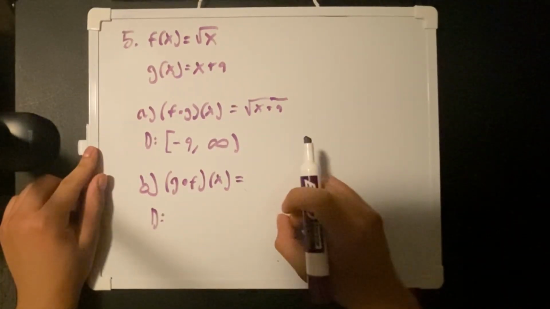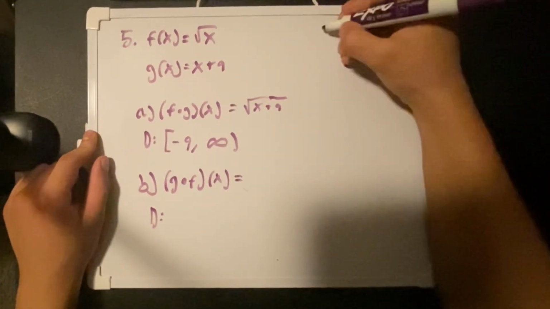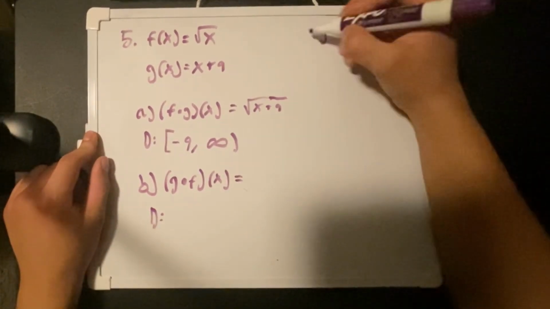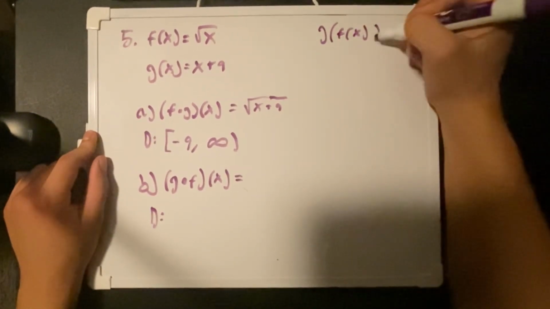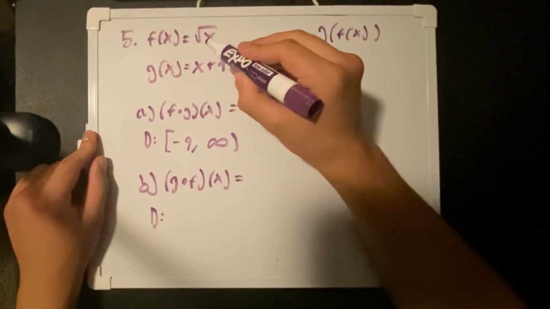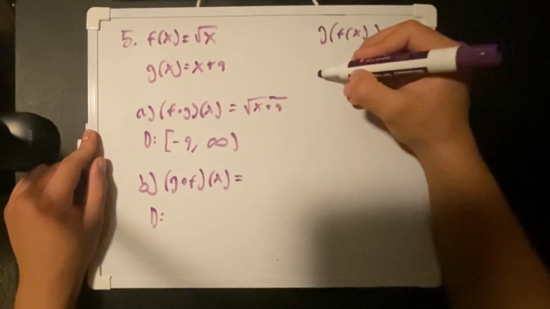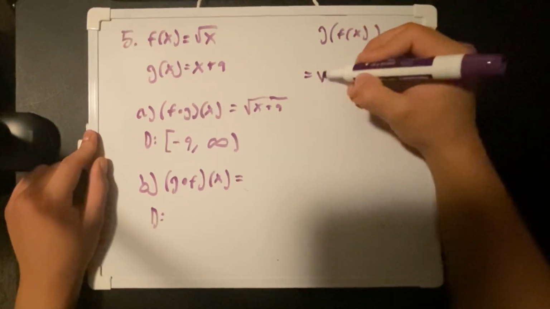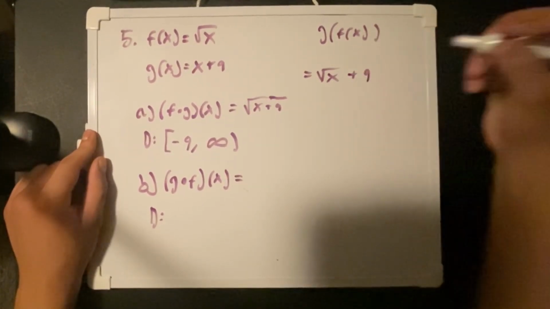Now, for solution B, we have g of f of x, and we would write it as g, where its x is just f of x. So whatever value we have for f of x, which is the square root of x, we swap it for this value. So let's add the equal sign. We are left with the square root of x plus 9.